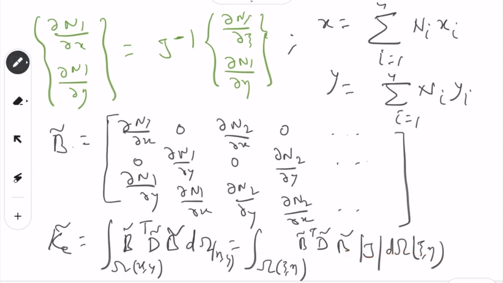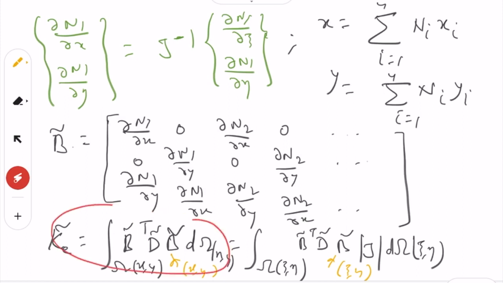Just to note here, this is a function of xy, and here this will be a function of xi and eta. So it is automatically transformed. The original equation has everything in xy, but once we take values from here, which is constructed from this calculation, B can be written in terms of xi eta automatically.